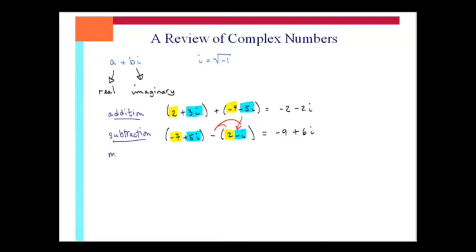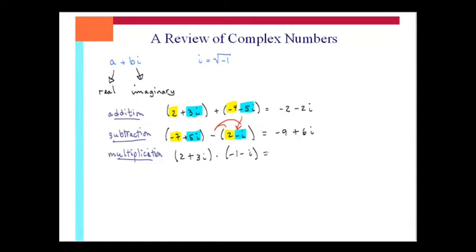You've also done multiplication. In multiplication, we'll use the familiar FOIL technique to multiply two binomial terms. Here's an example: 2 plus 3i multiplied by -1 minus i.